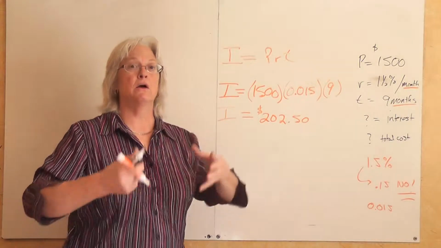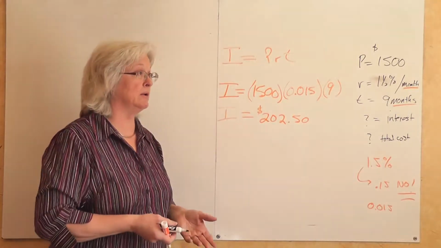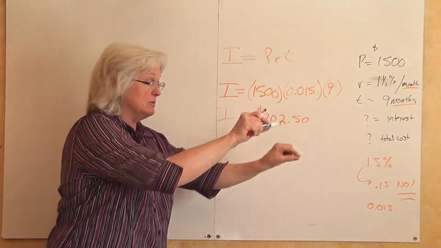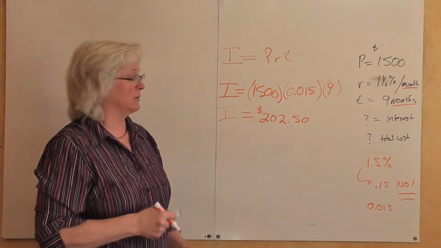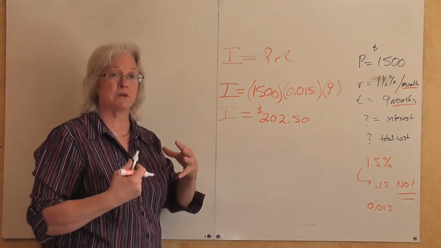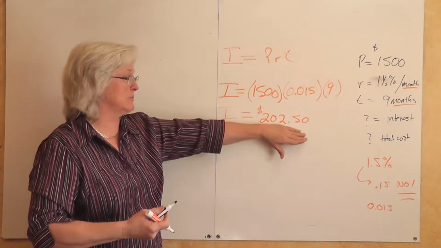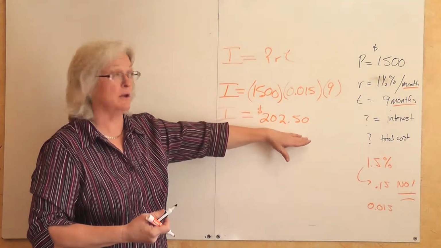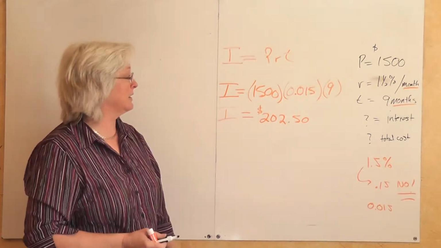But let's say that we're the bank and we are lending you the money. Or let's say I'm the bank, I'm not borrowing it from somebody, I'm charging somebody else interest. That's how much money I make. That's how much money I as the bank make.